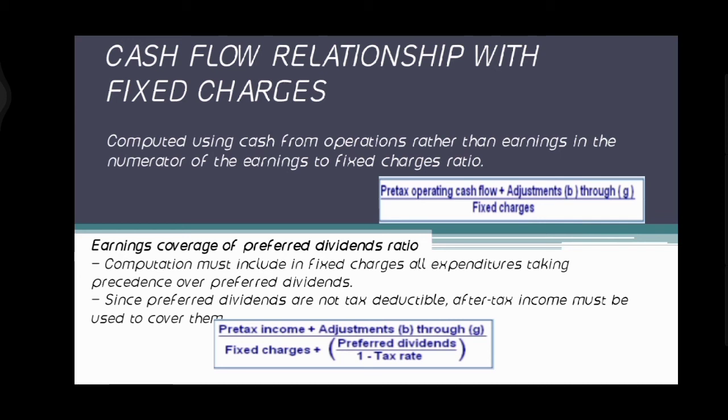Since preferred stock dividends are not tax deductible, they must be paid from after-tax profit. So this ratio is calculated by pre-tax income plus adjustment B to G, divided by fixed charge plus preferred dividend divided by 1 minus tax rate.